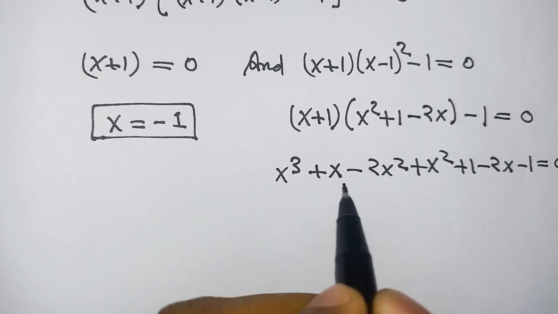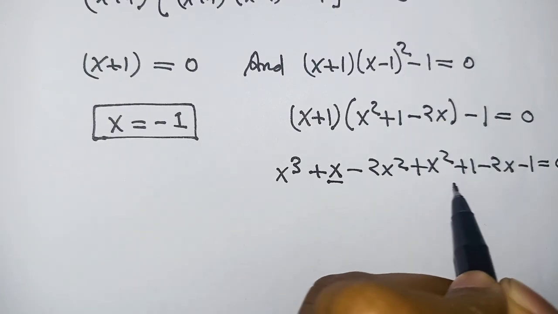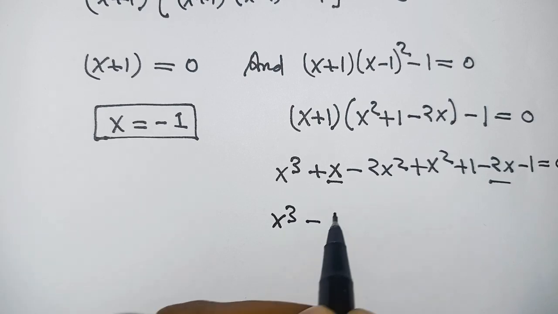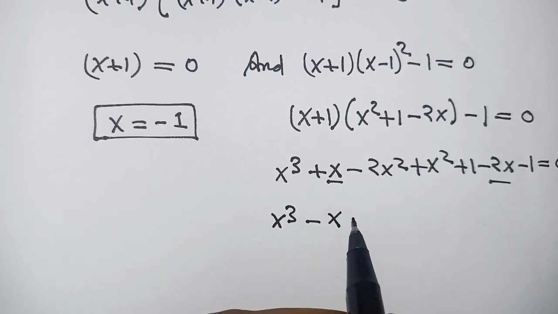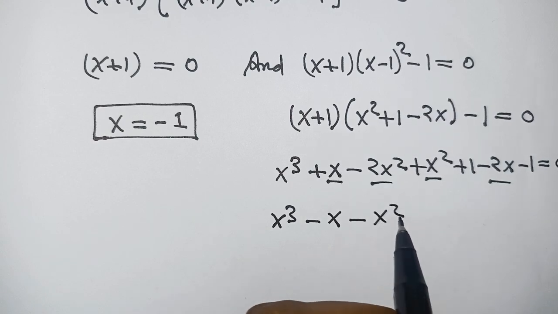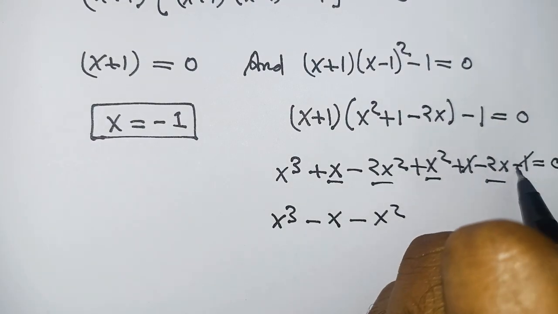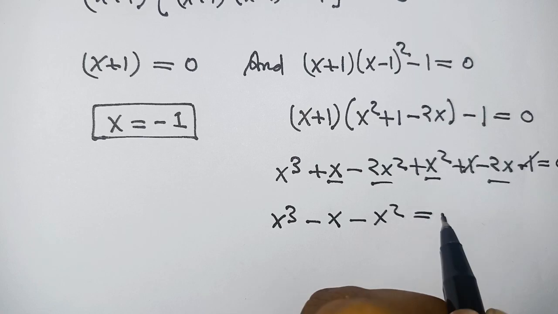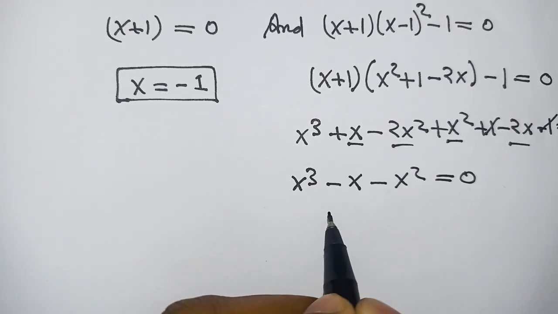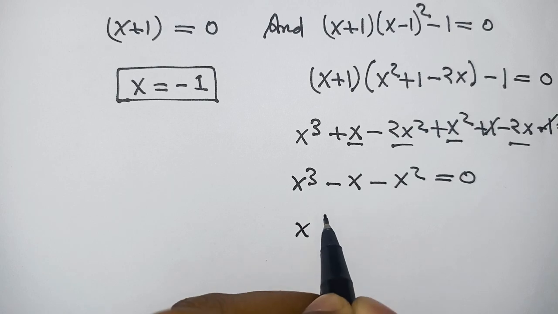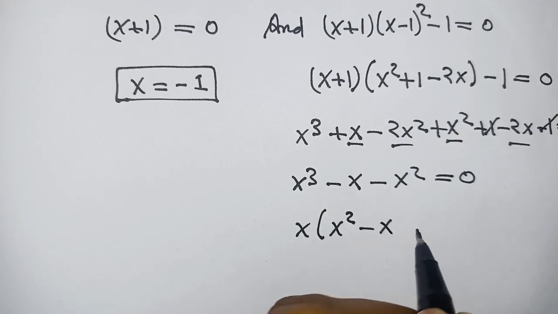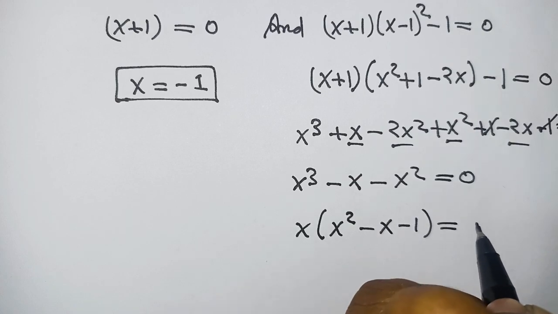And then from this and this we will have x cube minus x, and from this part and this part we will have minus x square, and this one will be cancelled out, which is equal to 0. So finally we have, by taking x as common, x square minus x minus 1 is equal to 0.